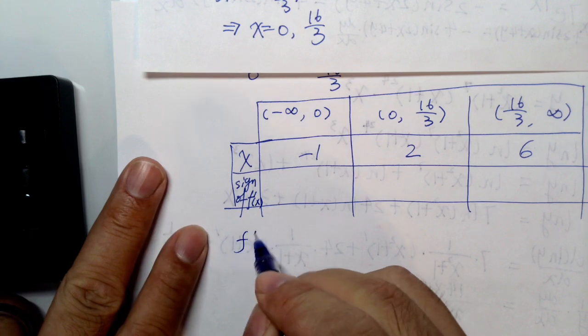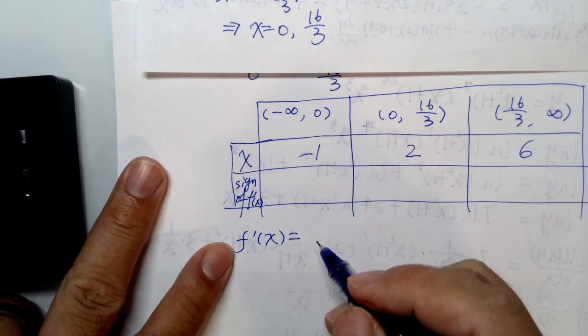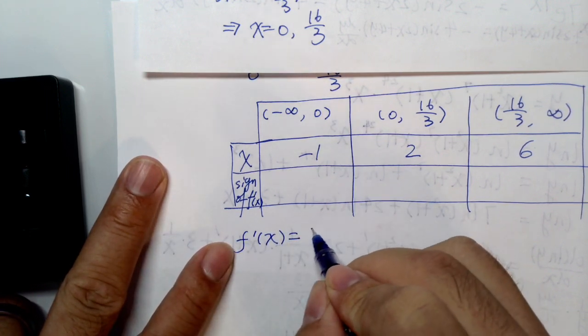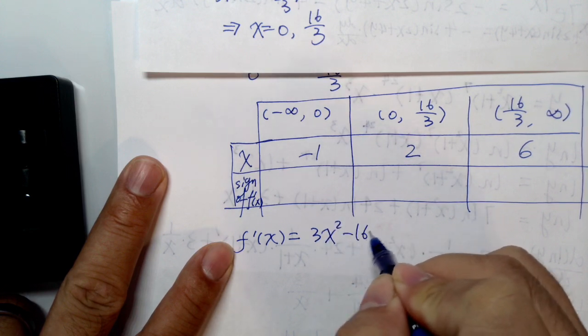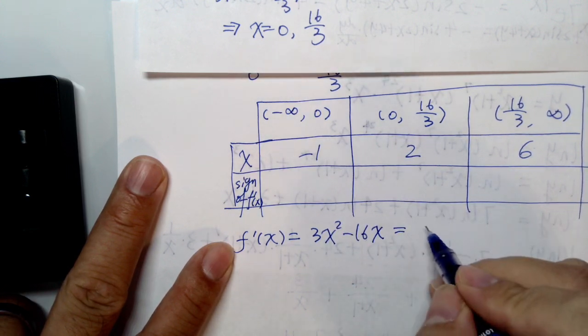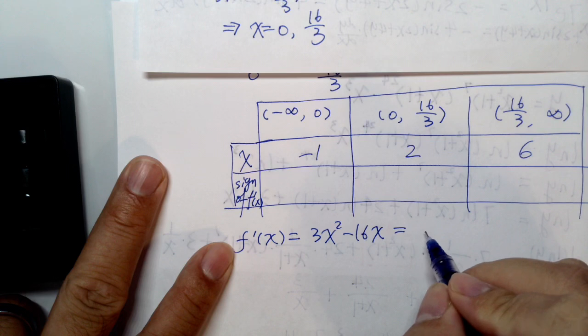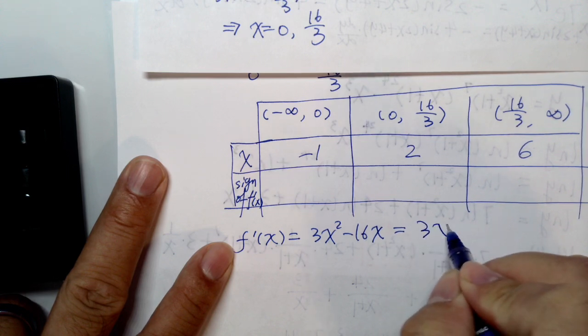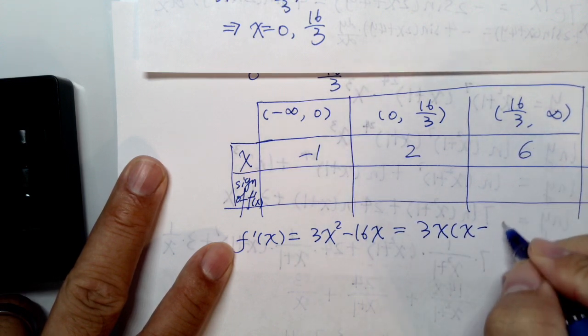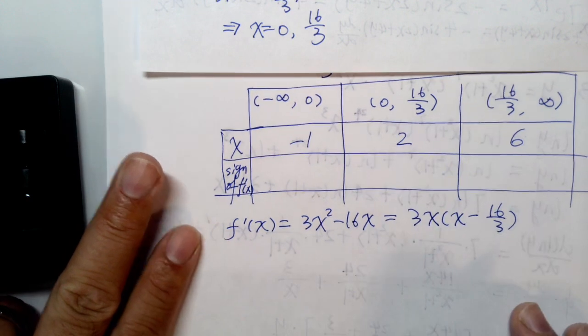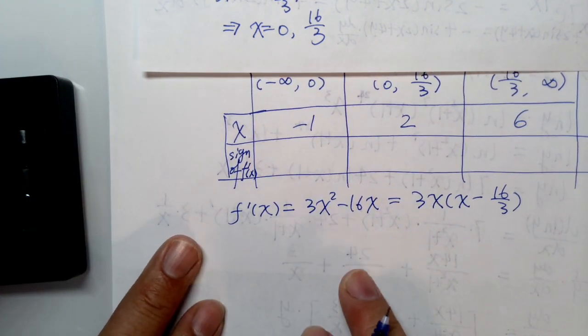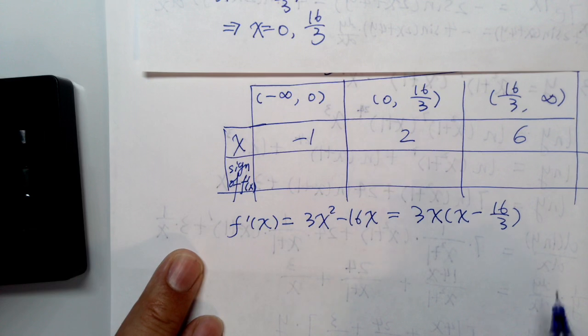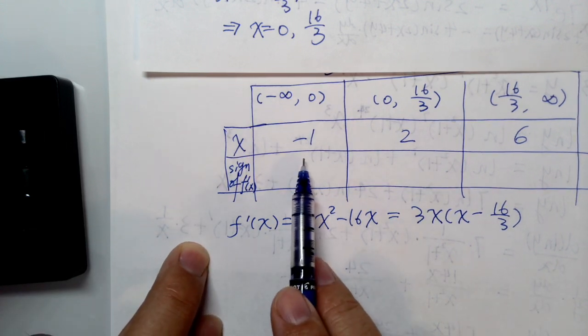So the derivative function is 3x squared minus 16x. Okay, or you can write it, remember, as 3x times x minus 16/3. Okay, in this way. Let's try to verify this.